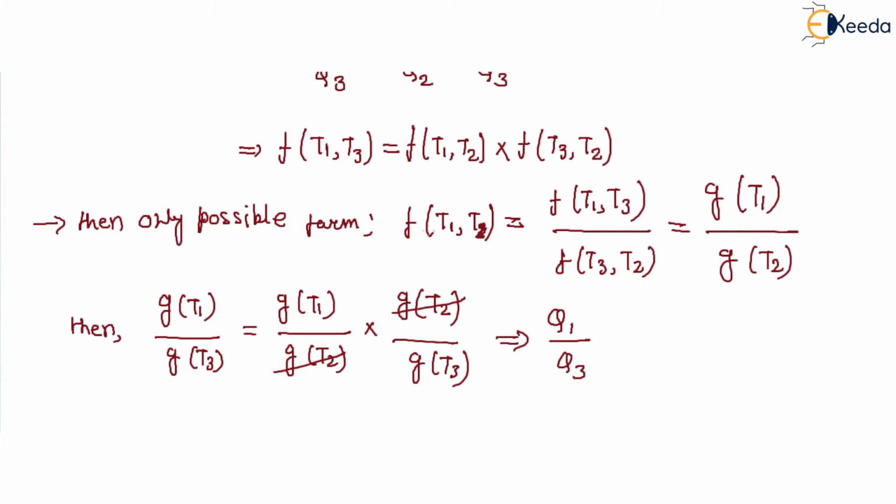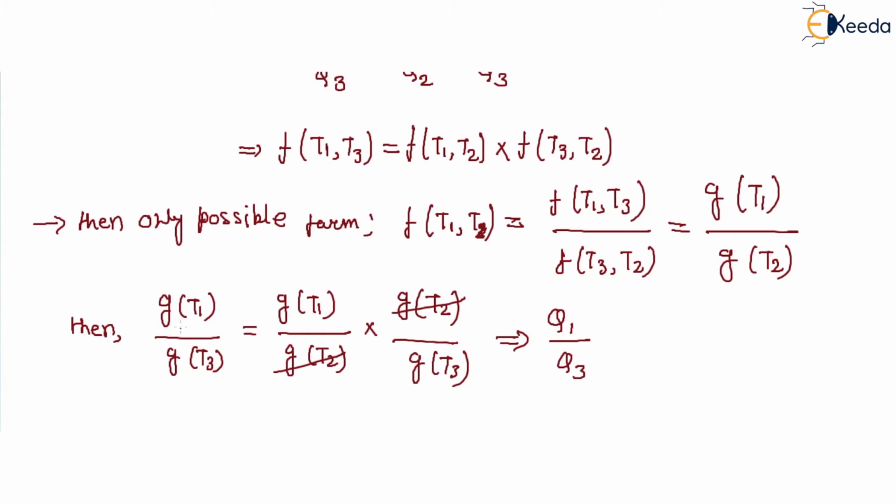See, if f(T1, T2), we can write g(T1) by g(T2). So f(T1, T3), we can write g(T1) by g(T3). f(T1, T2) we can write g(T1) by g(T2), cross f(T3, T2), we can write g(T2) by g(T3). Now this will cancel out. Now again, g(T1) by g(T3).